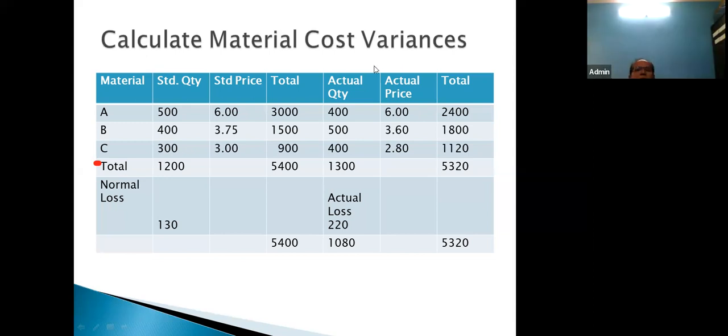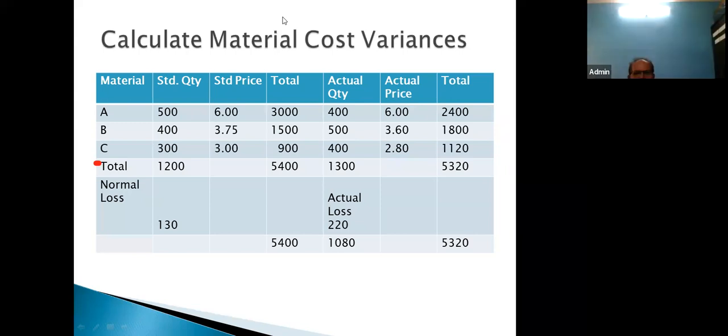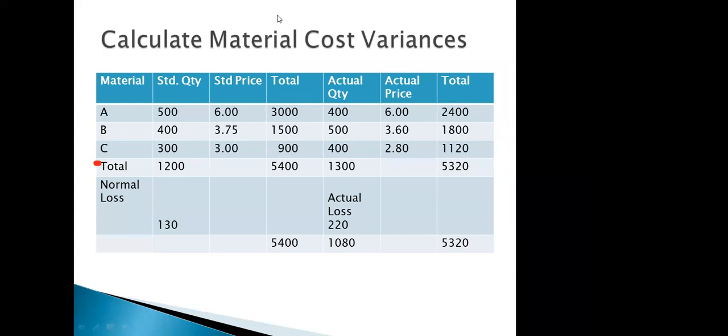Okay. So now we are at the end of time. I will not extend my session. I will stop today, and tomorrow we will have the last numerical on calculation of labor cost variances. Okay.